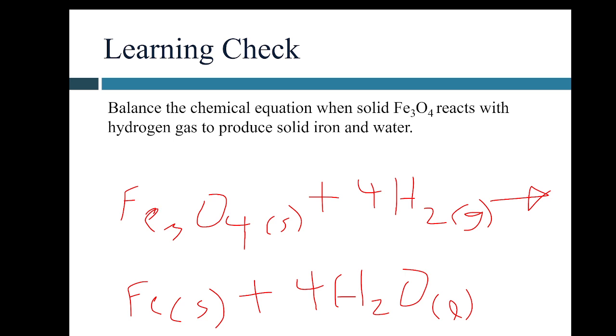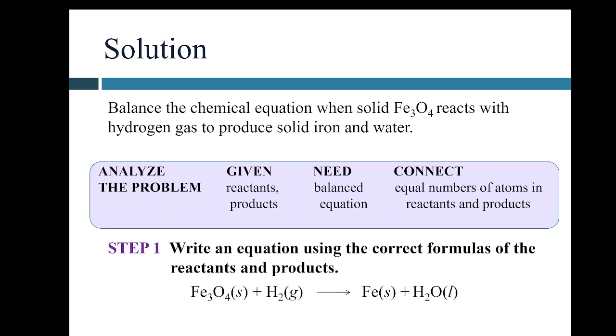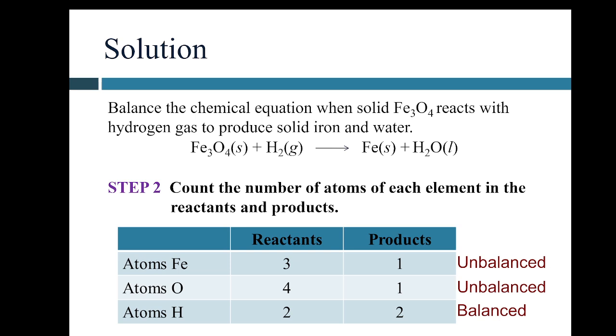You got it. And that will equal out my numbers of irons. And there we go. Any questions? Is hydrogen gas always going to be H2? Yes. Not just H? Yeah, that's the diatomic gases that make that sort of L shape. Okay? There we go.